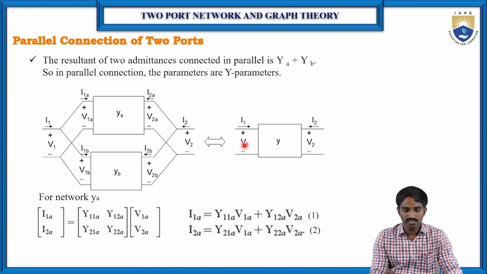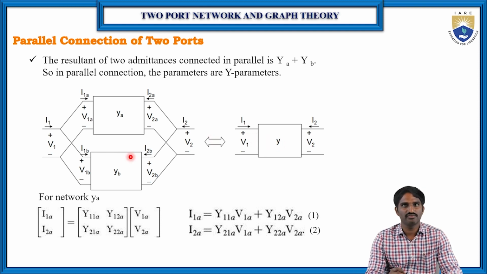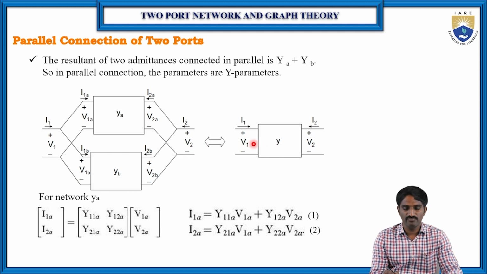Then the resultant two-port network, let us consider the same as in the previous case. Let us consider Y is the resultant two-port network of the parallel connection of these two networks, with input voltage and current V1 and I1, and output voltage and current V2 and I2.